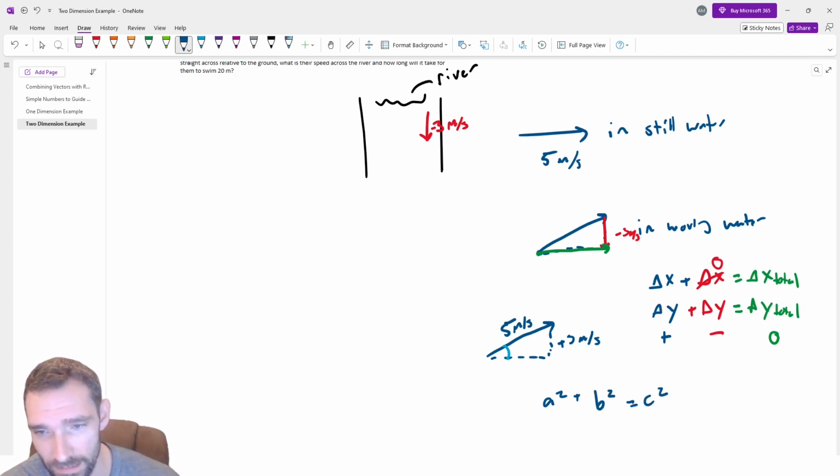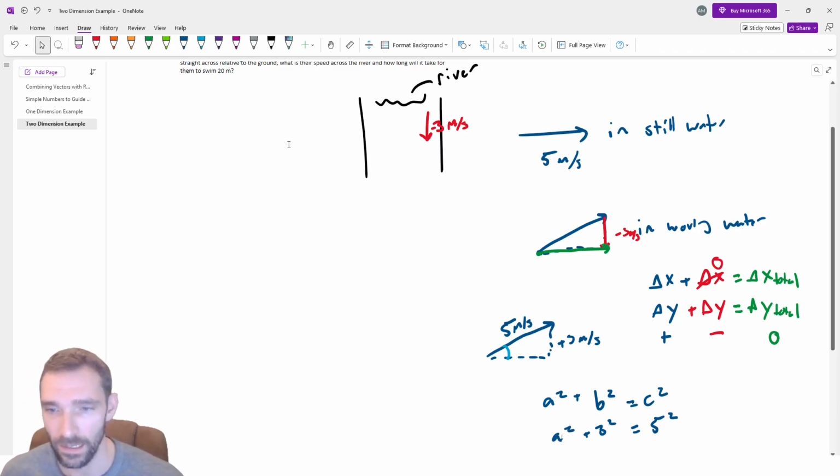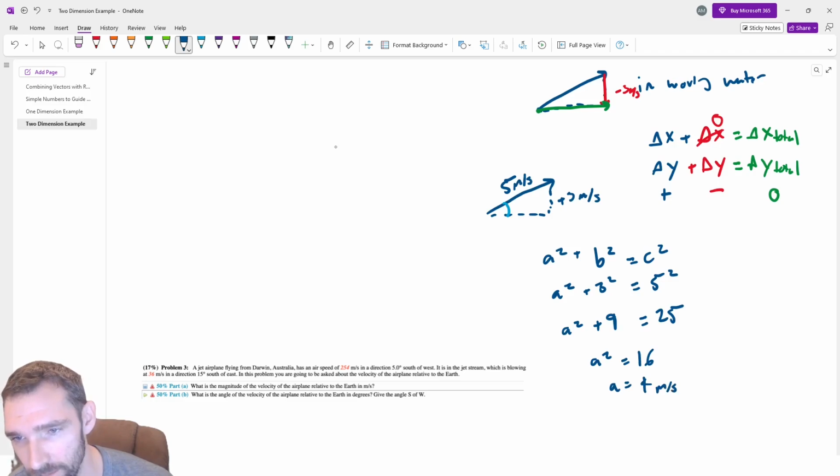And we can see that c is 5, so 5 squared is going to be equal to 3 squared plus a squared. And if you do that, it works out very nicely so that this a squared is equal to 16. In other words, a has to be equal to 4 meters per second.